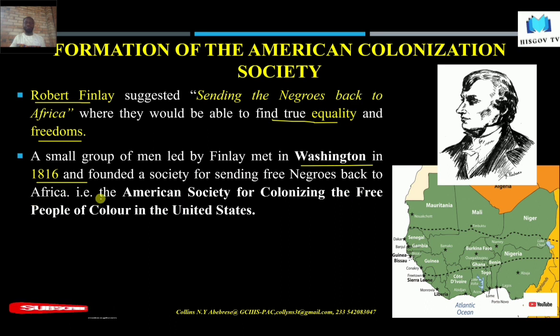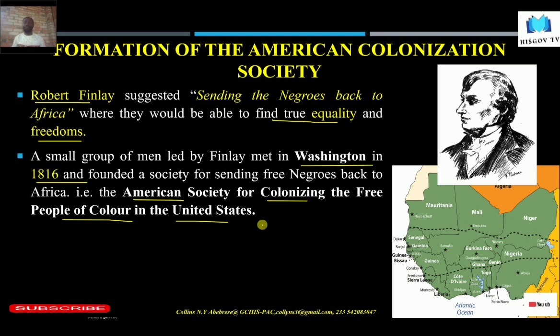And that society was the American Society for Colonizing the Free People of Color in the United States. So Robert Finley championed this whole idea of the American Colonization Society, whereby these free Africans were being taken to Africa. As to where they were being taken to, they had not, of course, planned on that.